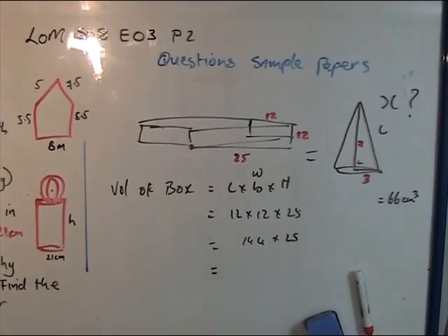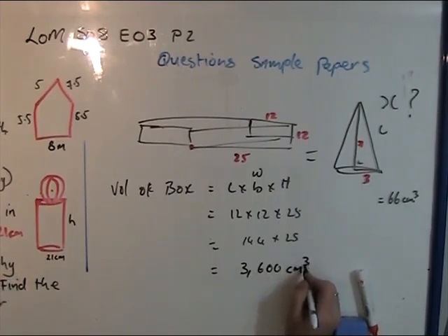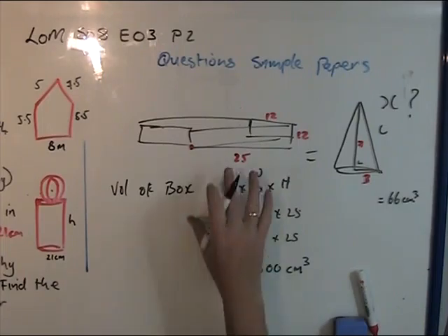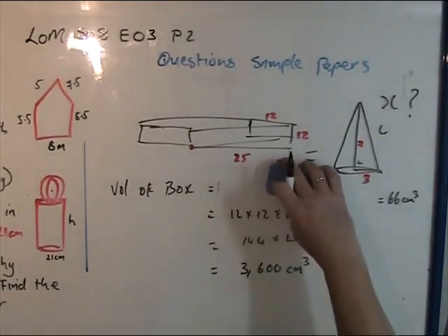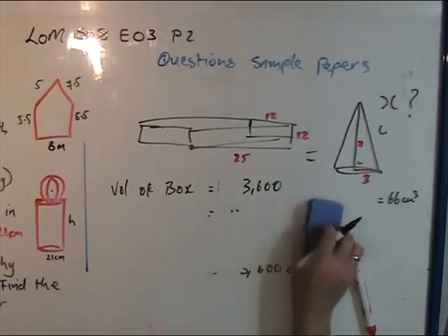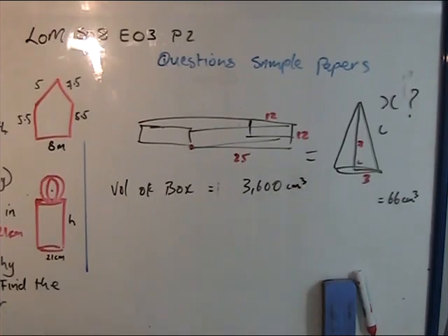This becomes 3,600 centimeters cubed. Now you all know how to use calculators. So that's the volume of the box, 3,600 centimeters cubed.